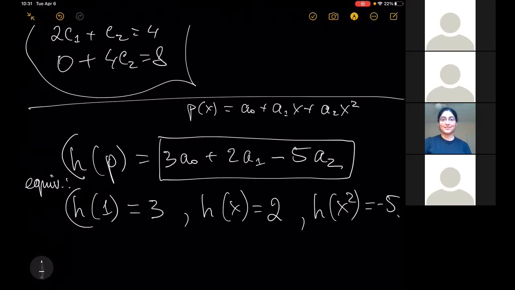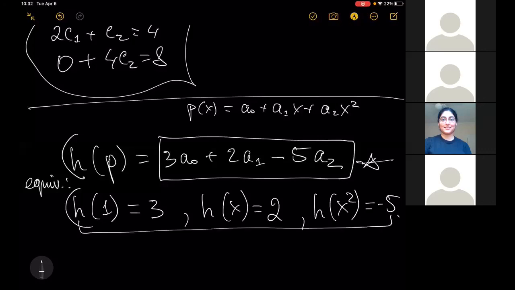That's it. So you can give this formula, or you can give how this homomorphism acts on the corresponding vectors. Okay, I think that answers it.